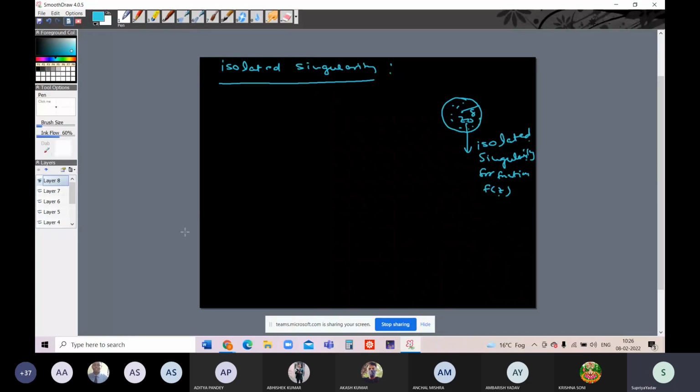And if it is not isolated, then it will be a non-isolated singularity. It means that if we do not get any neighborhood about this point z₀ where this z₀ is the only singularity, then we will say that this singularity is of non-isolated type. Okay.